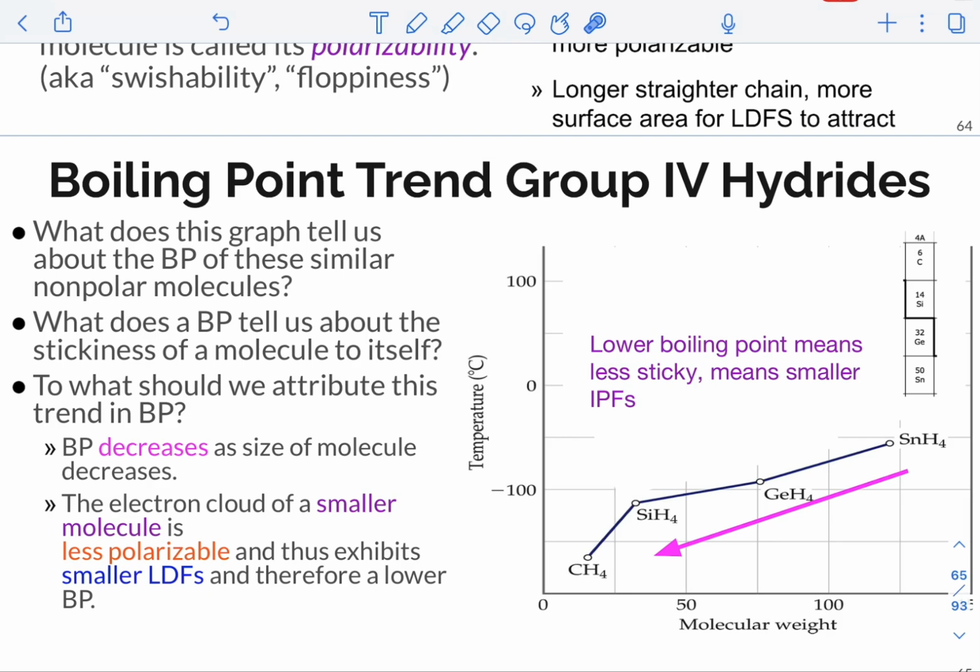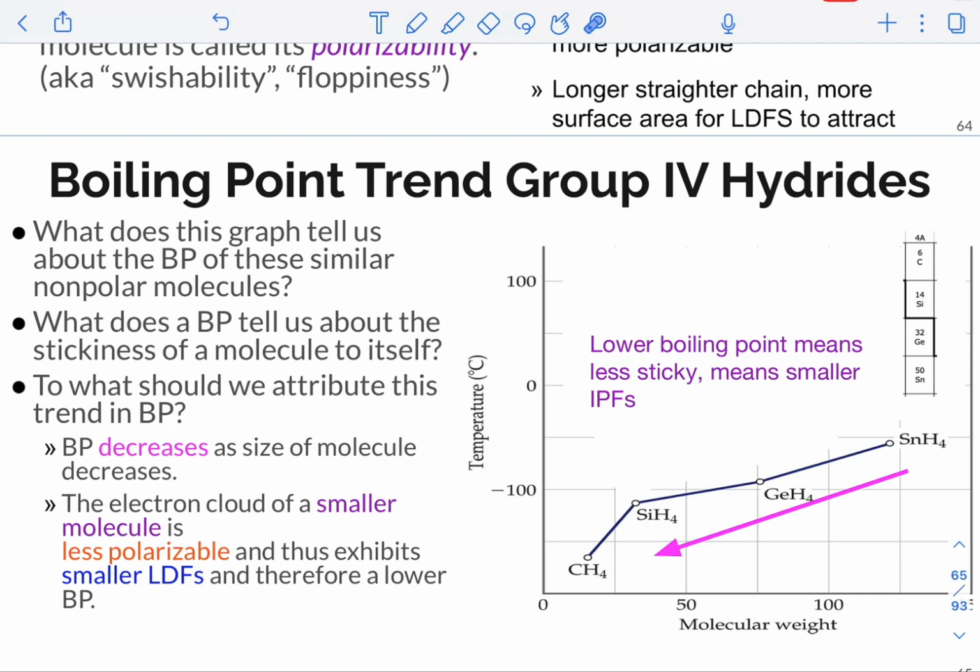So if we take a look, all of these compounds are nonpolar molecules, okay? So they only are going to have LDF. And you can see that the boiling point decreases as the size of the molecule decreases, and that's because the LDF will be weaker.